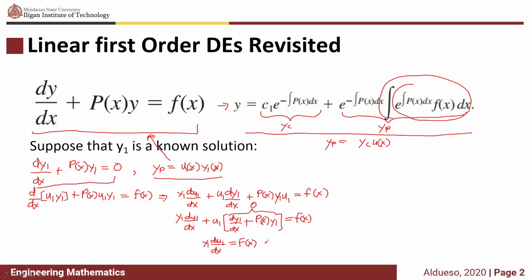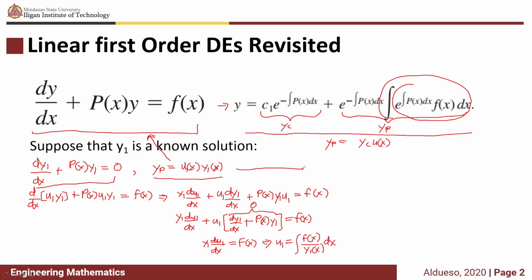Now finding u1 is just equivalent to the integral of f of x over y1 of x dx.